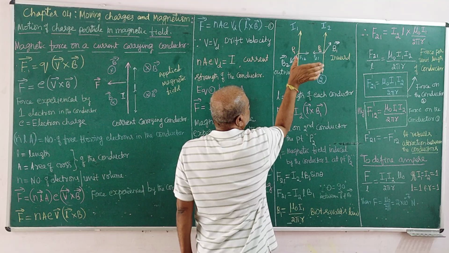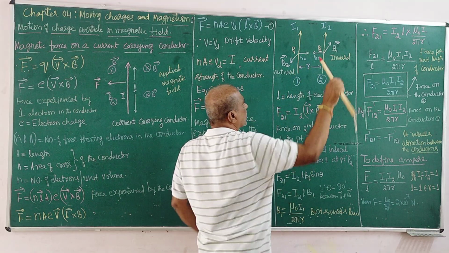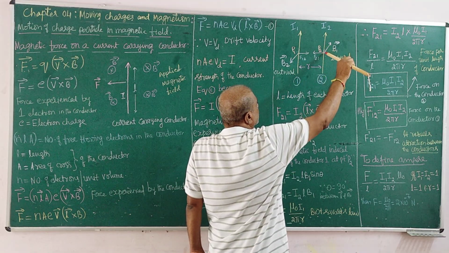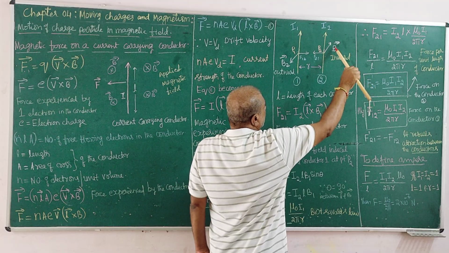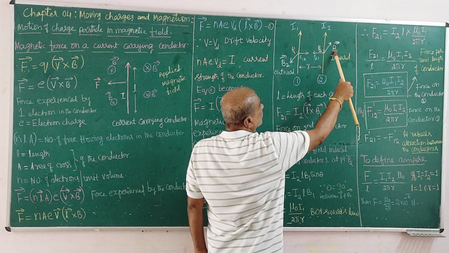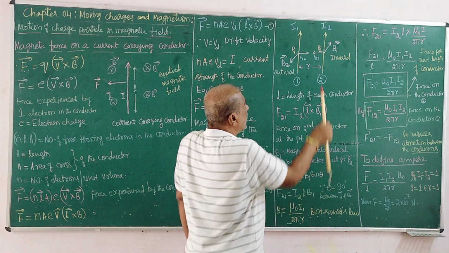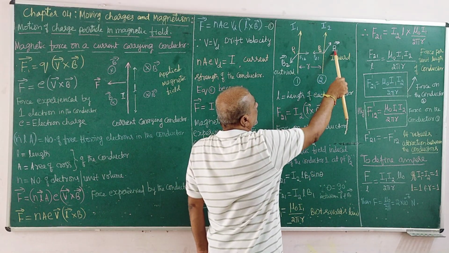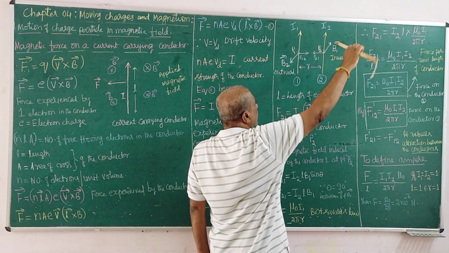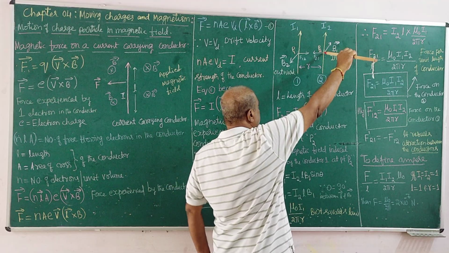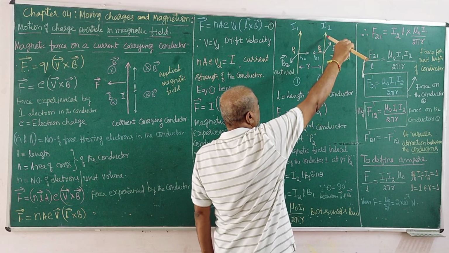Hold the fingers like this. Direction is inward direction. This line represents inward direction of magnetic field. B1 represents magnitude of the field induced by this conductor. At this point, that is a magnitude and direction. This inward direction means perpendicular to this, inward like this. This is the current direction of the second conductor.